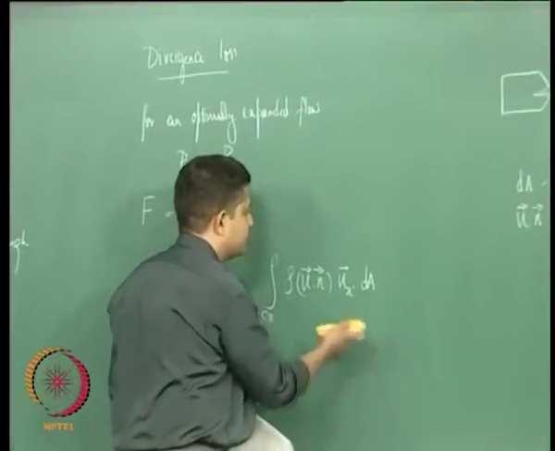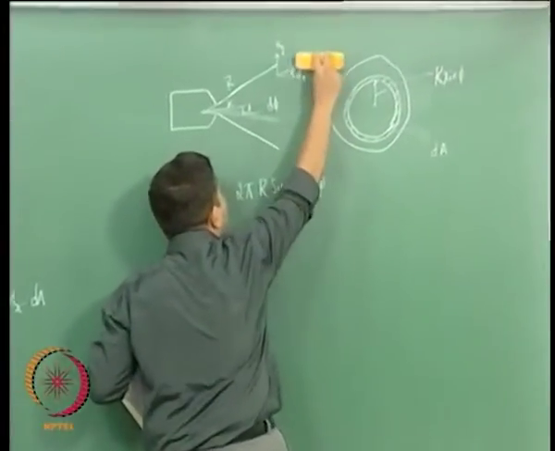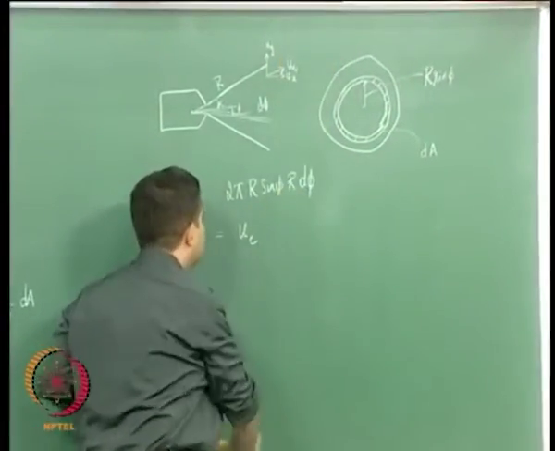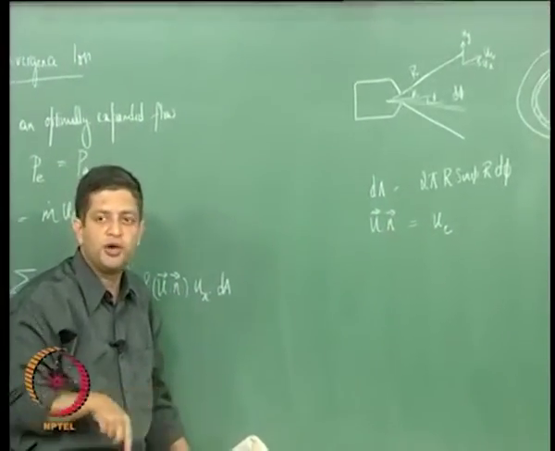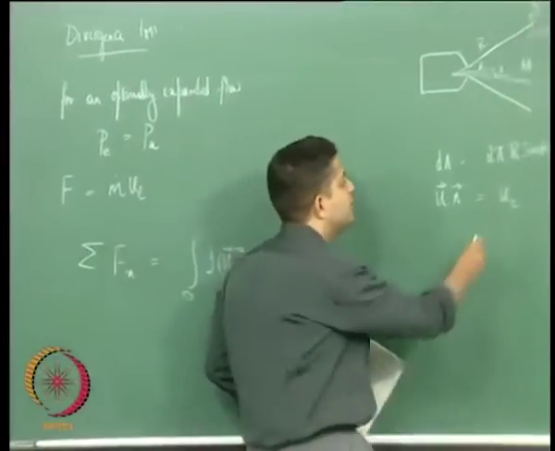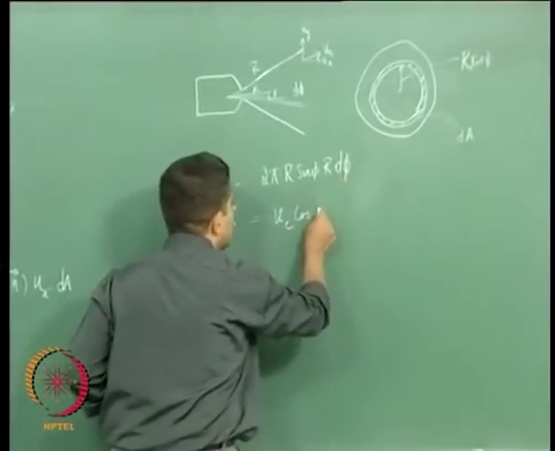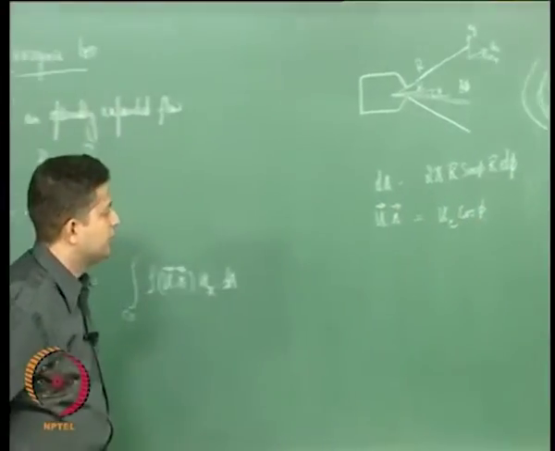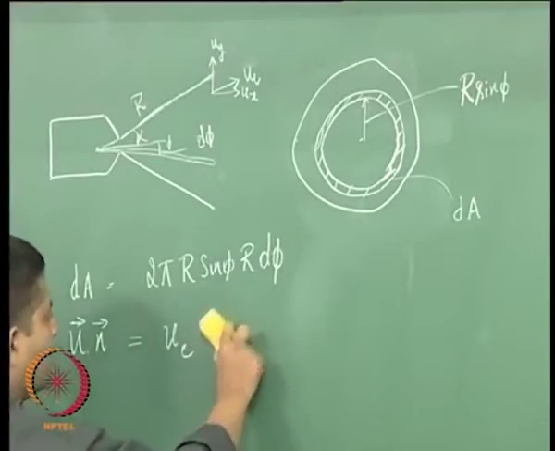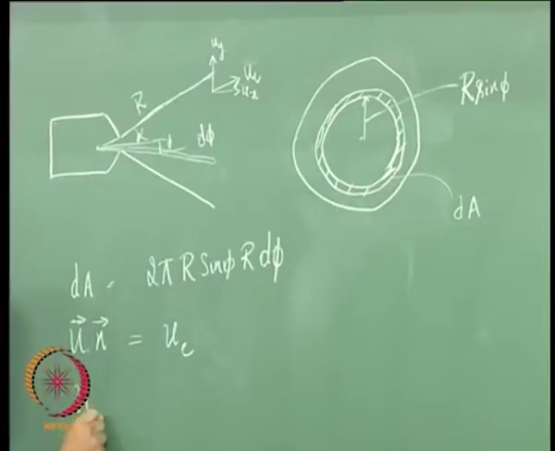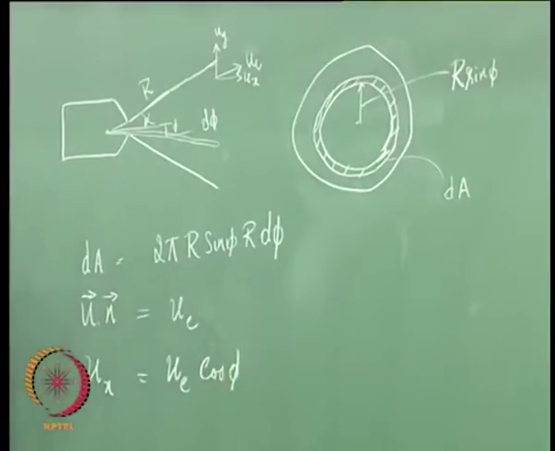Sorry, the component in the x direction is nothing but u e cos phi, right. So, u dot n is u e, u x is u e cos phi.